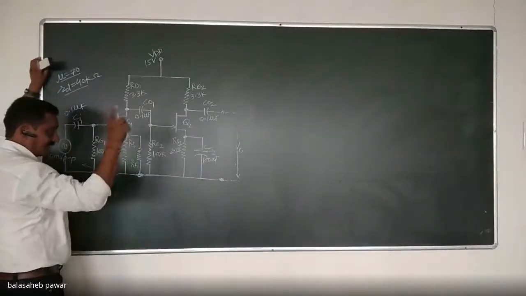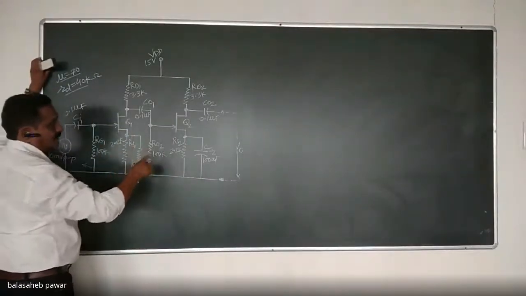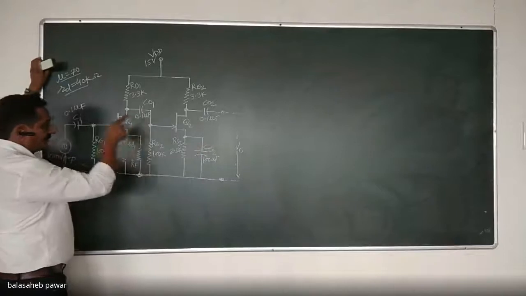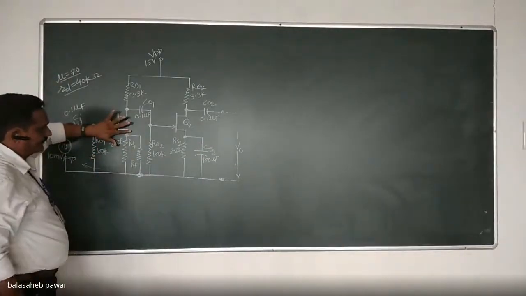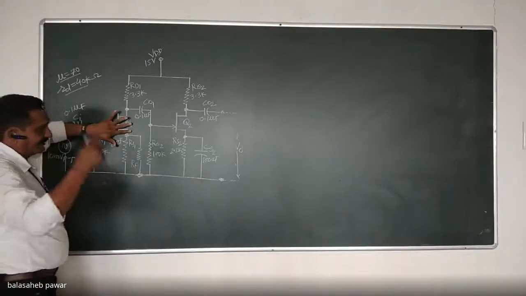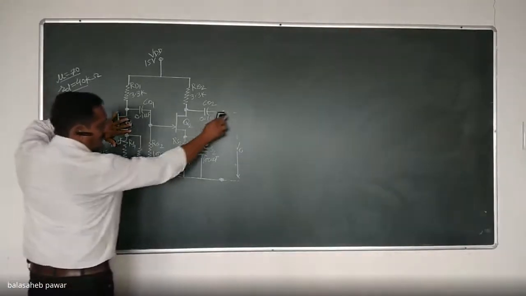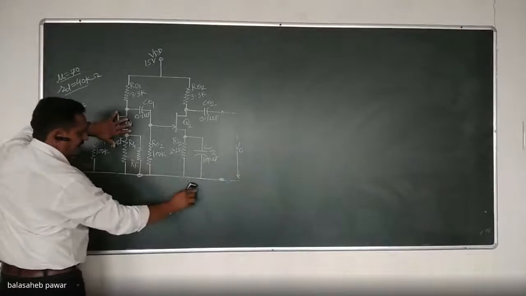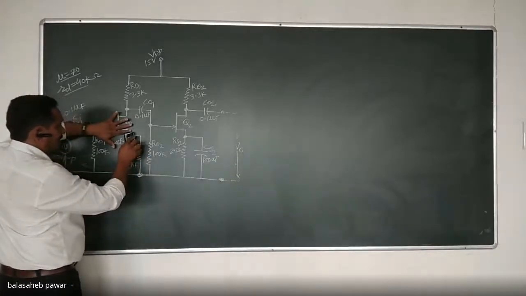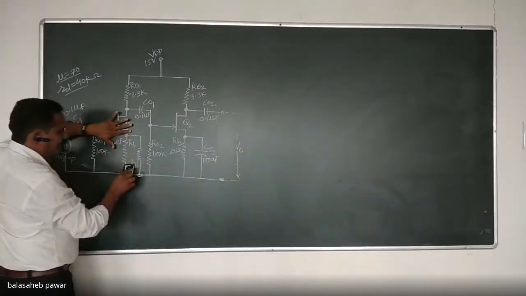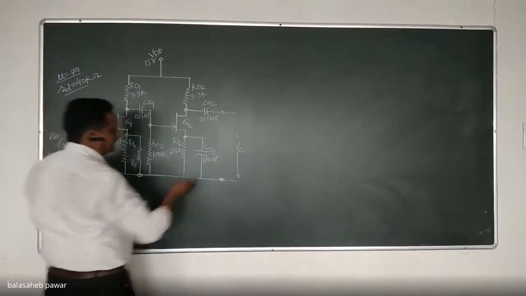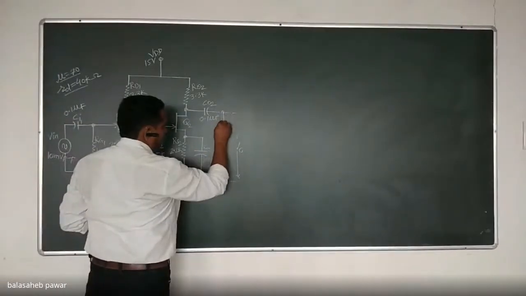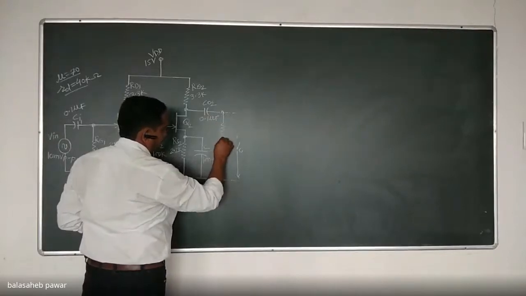So to draw the output circuit, you have to consider input as 0. Input 0 means just open it over here. Whenever you open it and look toward that original circuitry, you will observe that RF was like this and it was connected over here, that means in series with this RS1. Okay, and hence it will look like this.